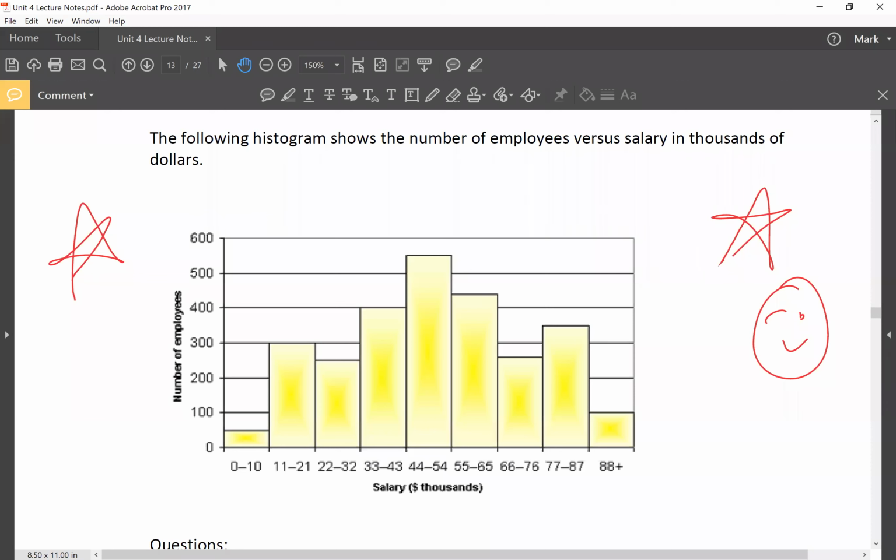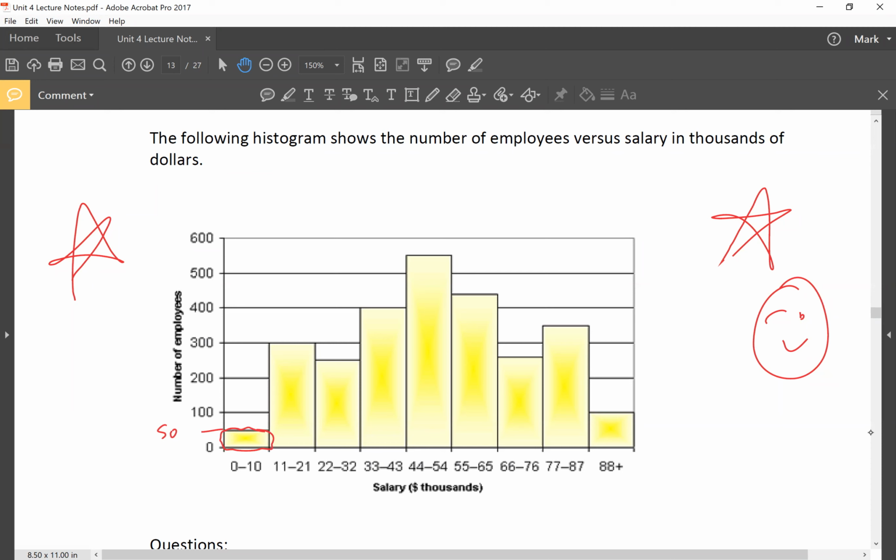The following histogram shows the number of employees versus the salary that they make in thousands of dollars. So little quick review of what this means. The number of employees, so here, let's say about 50 employees, they would be your lower end of the salary scale.